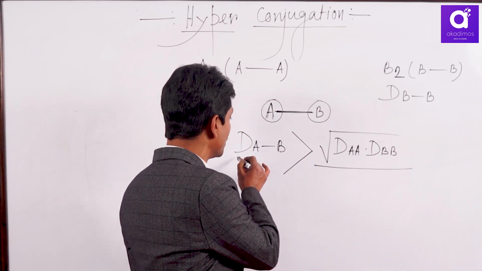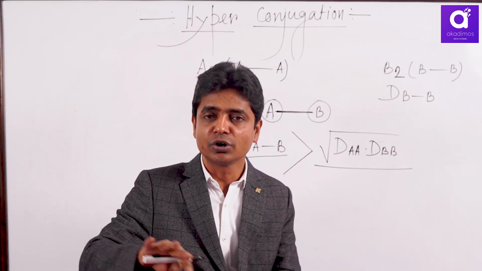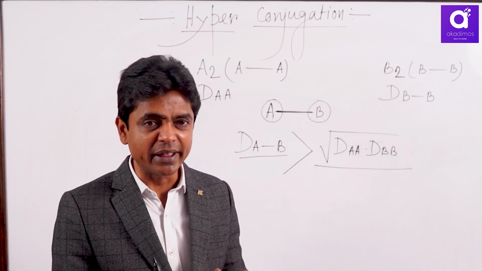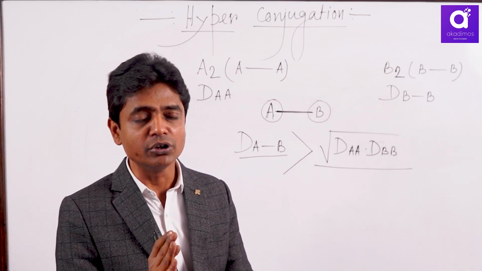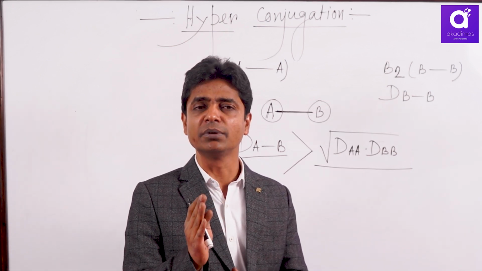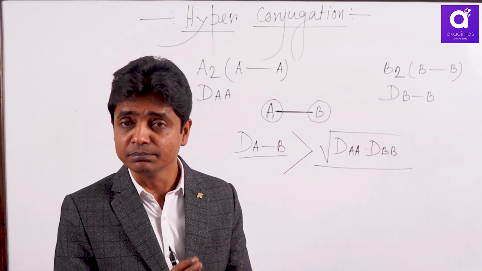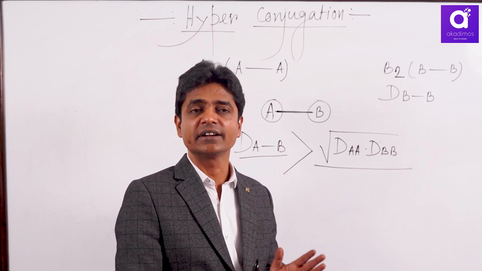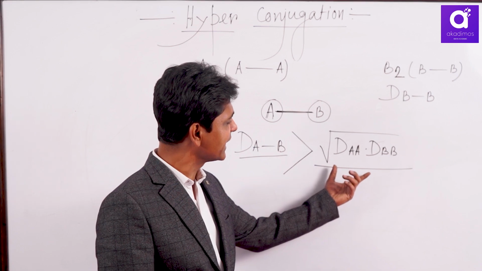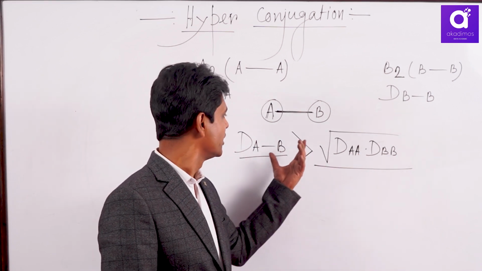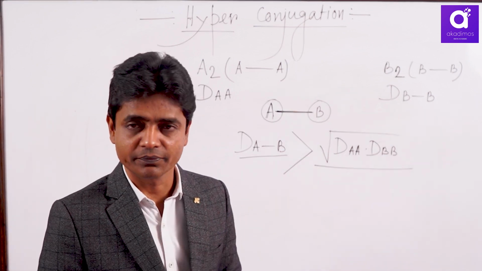Actually, you know, bond energy has no sign. When a bond forms, an amount of energy is released. When you want to break the bond, that similar amount of energy you have to supply. And you know, we will use the IUPAC convention of energy. That means if energy is released, then the sign will be negative, and if energy is required, the sign is positive. For example, let the theoretically calculated value of AB bond energy be 100 kilojoule per mole.